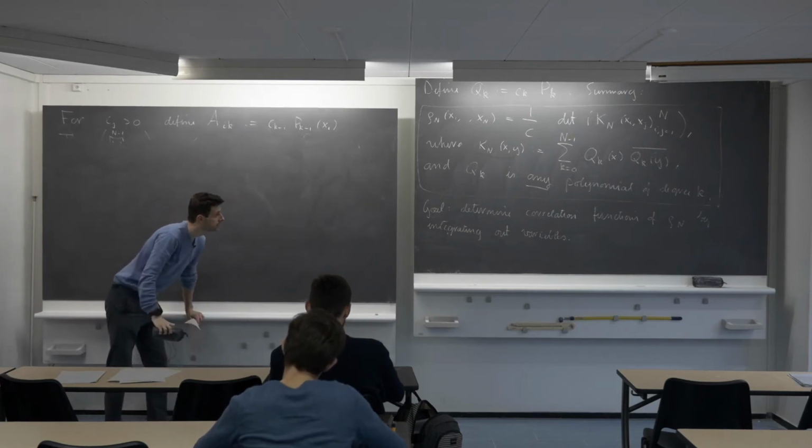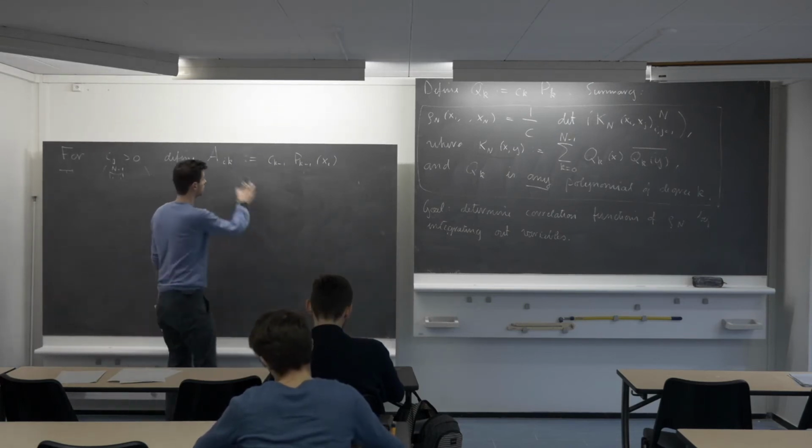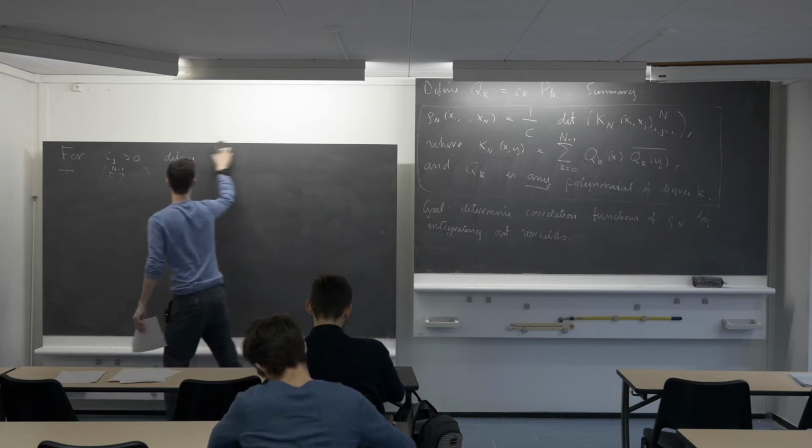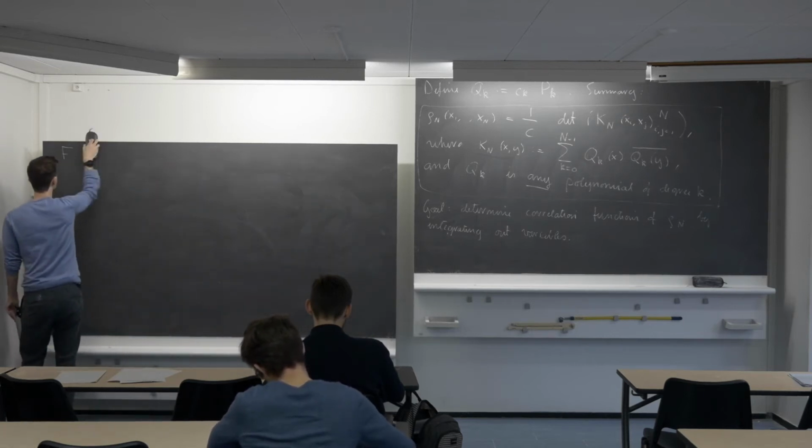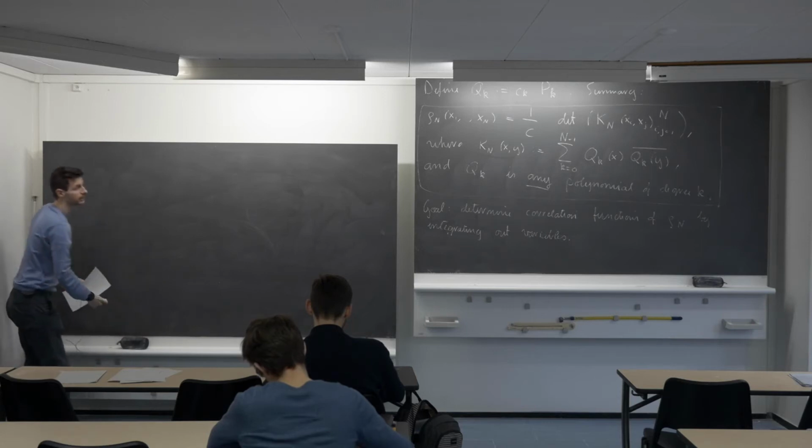So if Kn is the integral kernel of a projection operator, then integrating out variables is very easy.